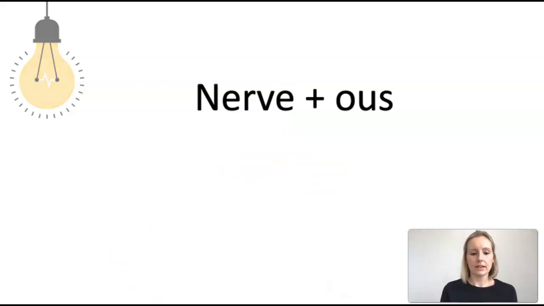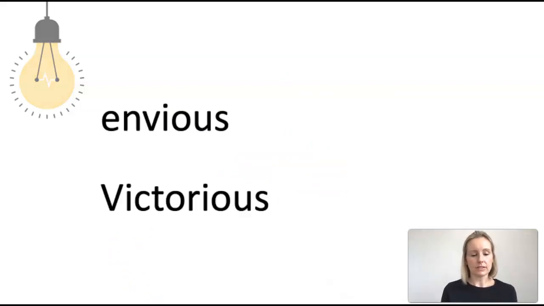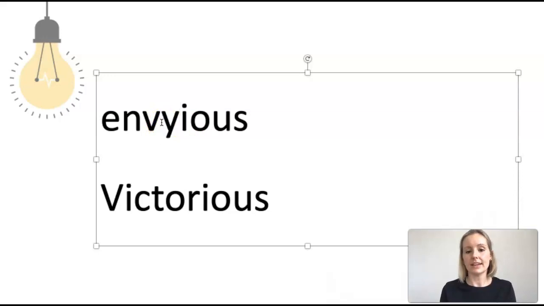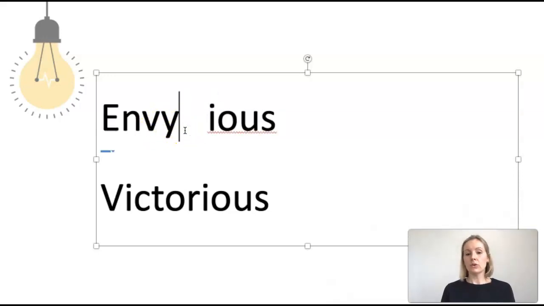Okay, so let's have a look at something else. If the word originally ended with a Y, so if we had envy, when we're adding a suffix to a word that ends with a Y, and the suffix is a vowel suffix, so it begins with a vowel letter, except for I, because I and Y are quite happy together.